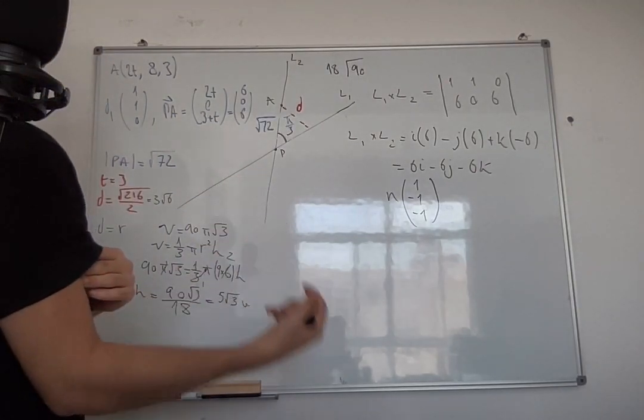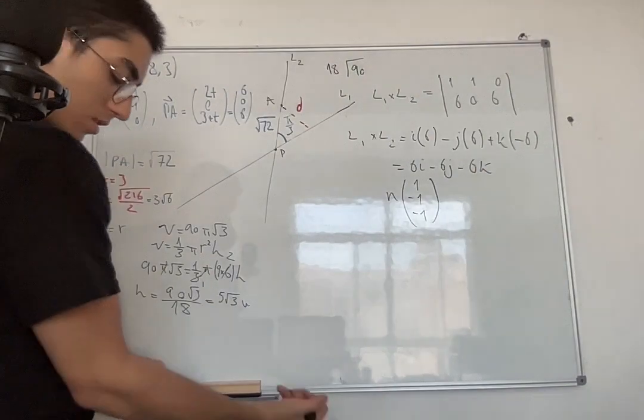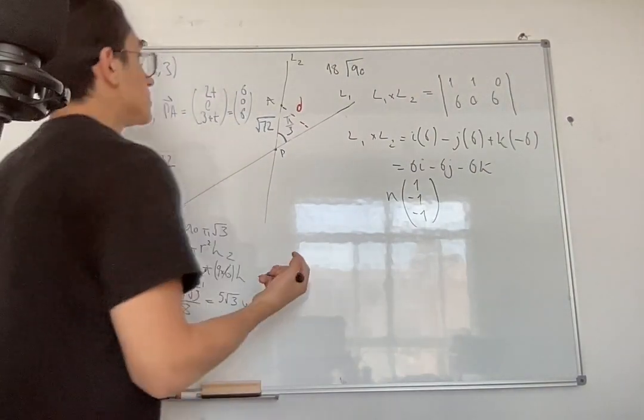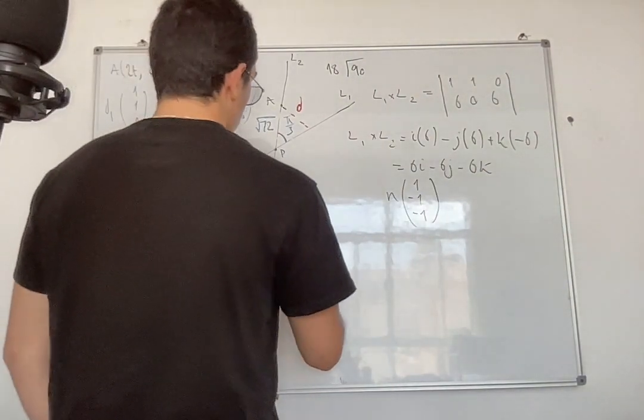Okay, now the vertex. Let's say the vertex is OB.